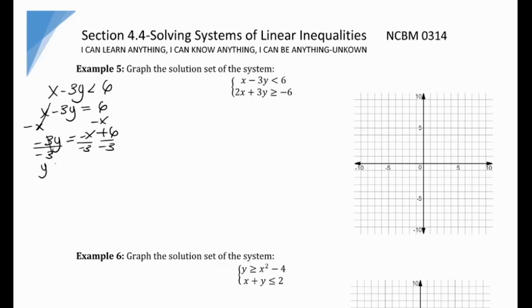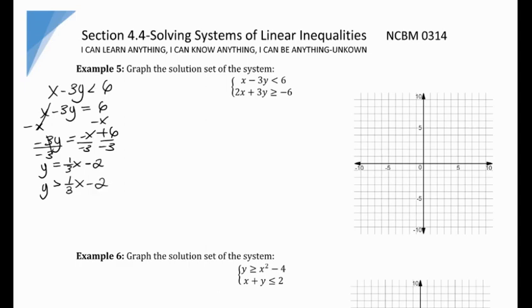So we have y equals 1/3 of x. Positive divided by a negative is a negative. 6 divided by 3 is 2. Remember, when we divide by a negative sign, we flip the sign. So this is going to be y is greater than 1/3 of x minus 2.